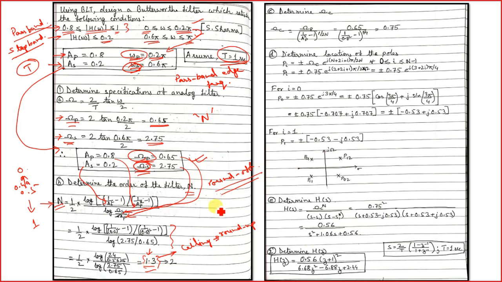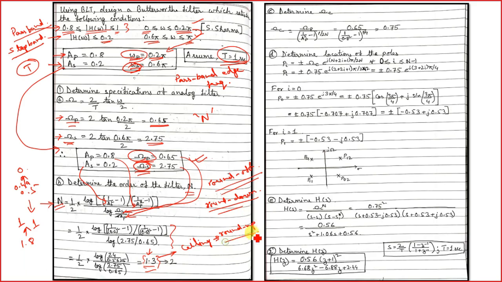Then there is round down. In round down, whatever the value, even if it is 1.8, it will be compressed to 1.